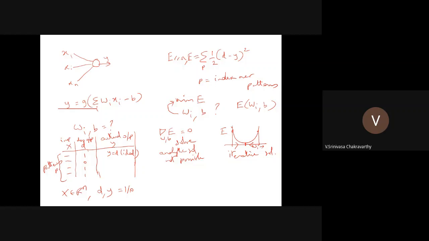If you look at the derivative here, the derivative is negative, and I want to move to the right. The derivative here is positive, and I have to move to the left.